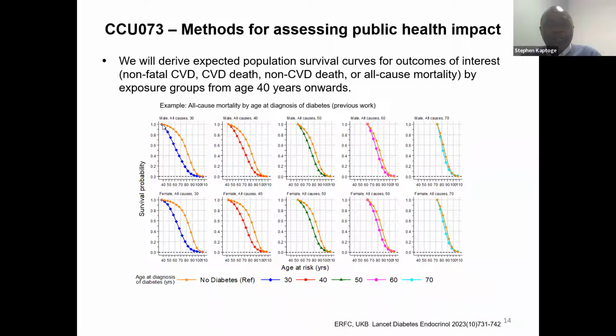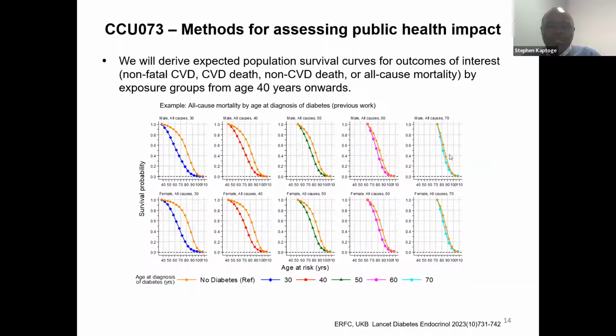And if you develop diabetes at age 30, given the relative risk estimated, what would your survival be over the lifetime? The difference in the areas under those 2 curves gives you the differences in life expectancy, or the years of life lost due to diabetes. And you can see that the areas shrink as you develop diabetes at an older age.